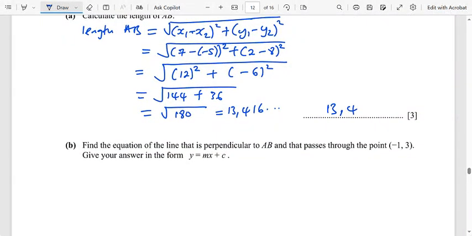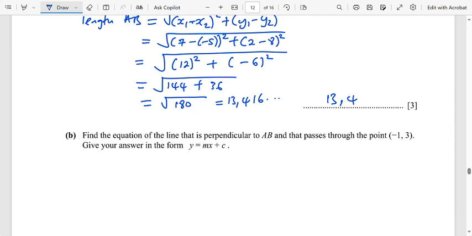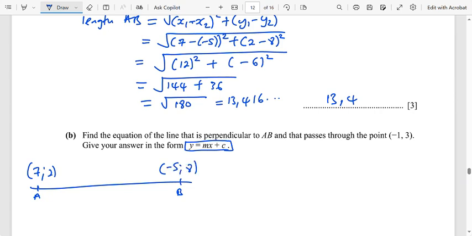Find the equation of the line that is perpendicular to AB, and that passes through the point -1, 3, giving your answer in the form y equal to mx plus c. So this is point A, and this is point B. Point A has coordinates 7, 2, and point B has coordinates -5, 8, right?